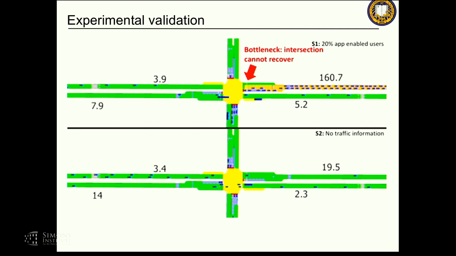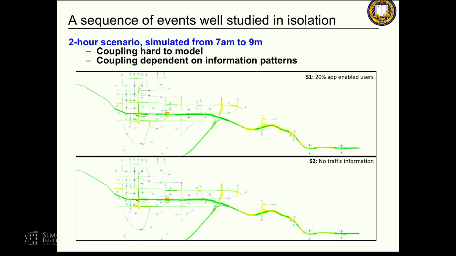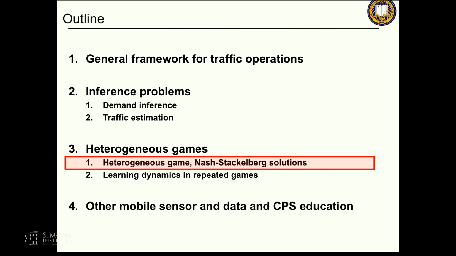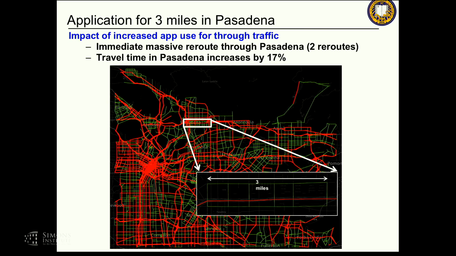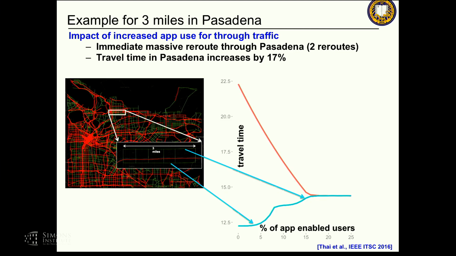And so since I don't have a lot of time to finish, maybe I can just finish by showing one model, which is a static model, which is a model we've used to characterize this. And in this model, which is a Nash-Stackelberg model, the type of curves that we're producing can be summarized like this.